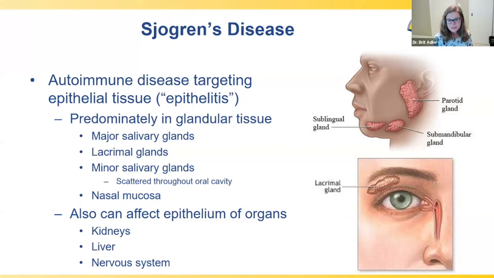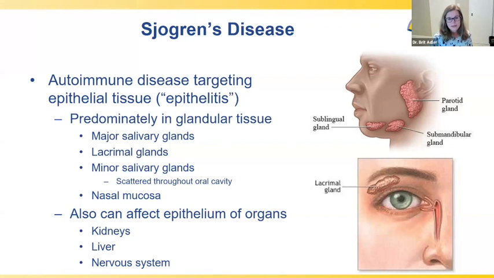The lacrimal glands are also targeted in Sjögren's. These are the tear-producing glands at the corner of our eyes. And then also the minor salivary glands are targeted as well. These are unnamed salivary glands that are scattered throughout our mouth. It can also involve the nasal mucosa, leading to dryness of the nose.